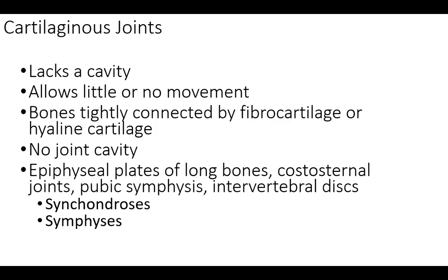In our long bones, like the humerus, and the phalanges are long bones too, even though they're little, and the femur and the tibia and the fibula, all of these bones have growth plates growing at each end, the distal end, the far end, and the proximal end of it, the top and the bottom of the bone. They're going to have growth plates there.